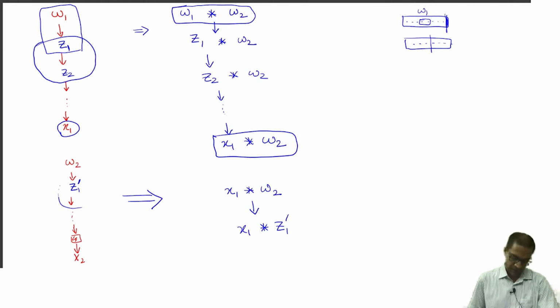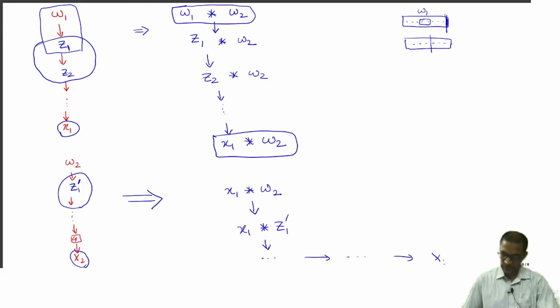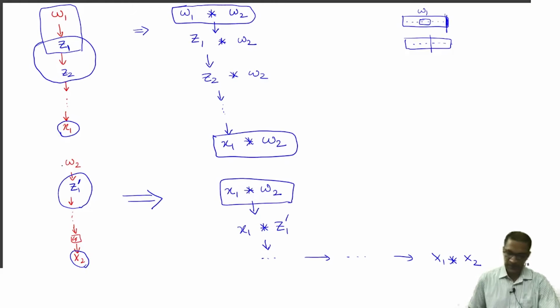So I keep applying it to the next step of the chain and so on. I keep doing this till I reach the very last step, and the last step is X2 but concatenated on the left by X1. So what this means is if I start at X1 star W2, by applying left concatenation to the second chain, I can reach X1 star X2.